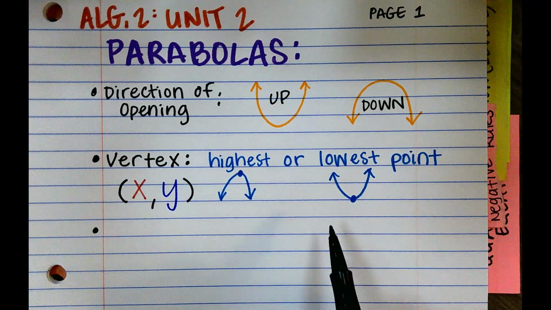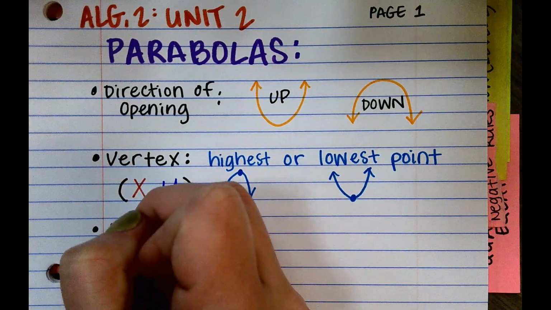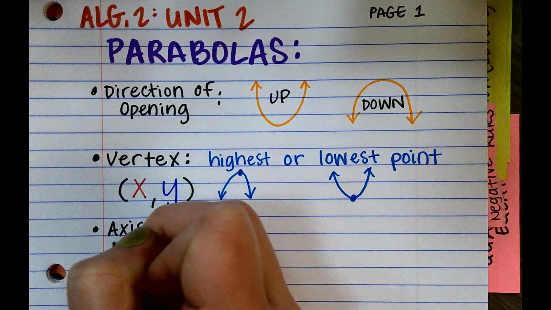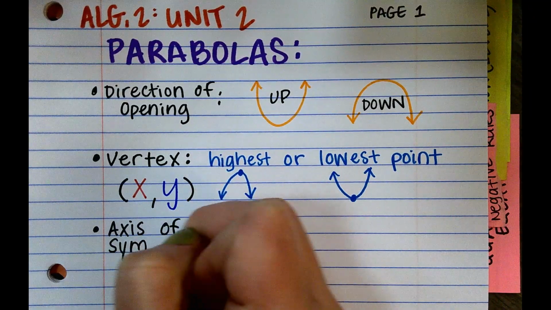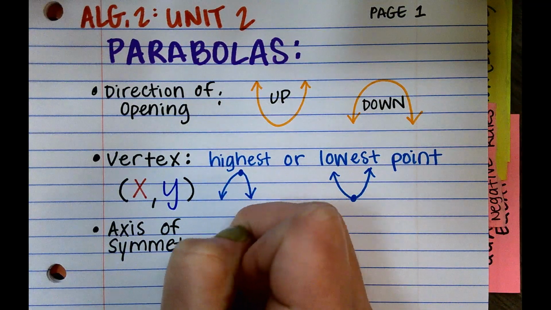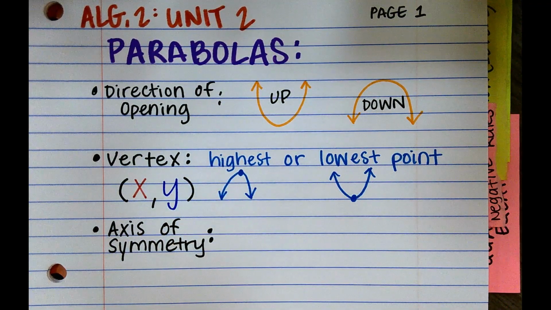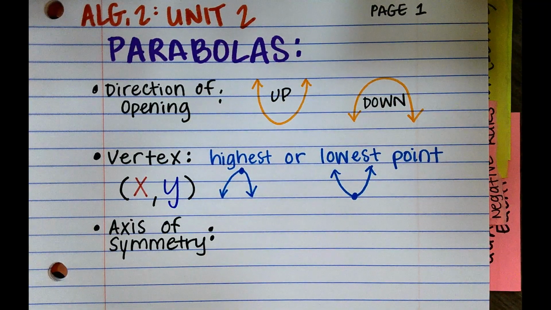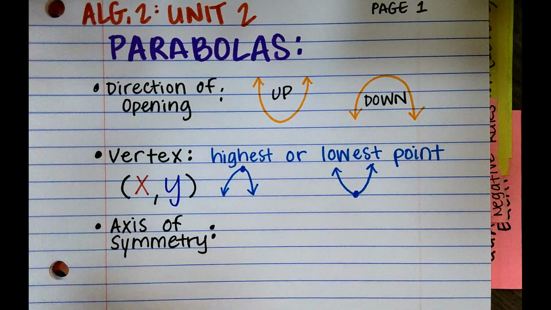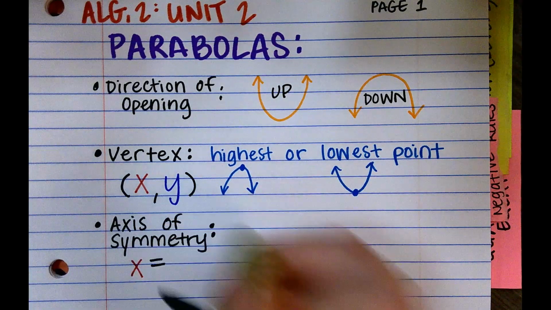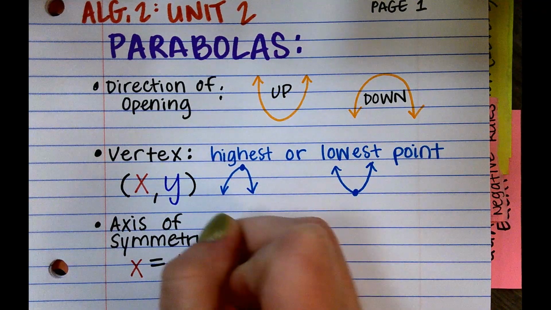Next, we have the axis of symmetry. The axis of symmetry is just written as x equals a number.